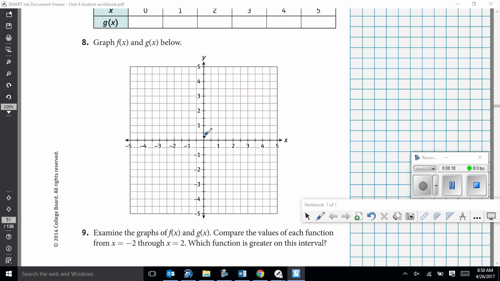So here's 0 at 1. So is yours similar to that for the f of x? Yes. And then for the g of x, is it parallel? Not parallel.